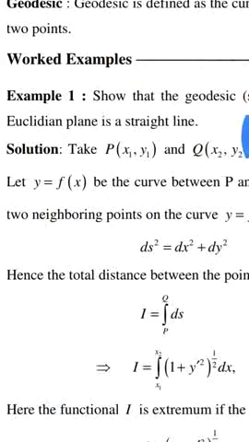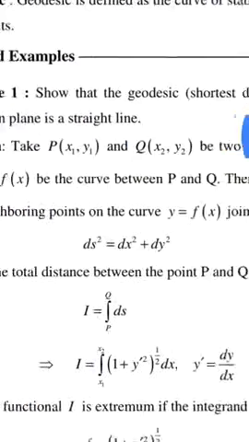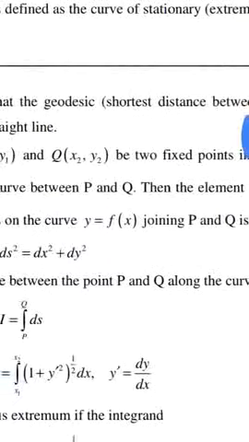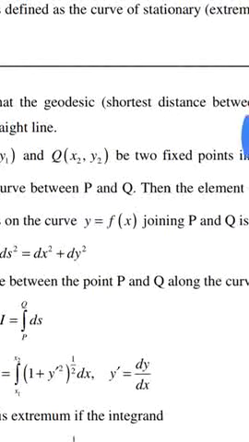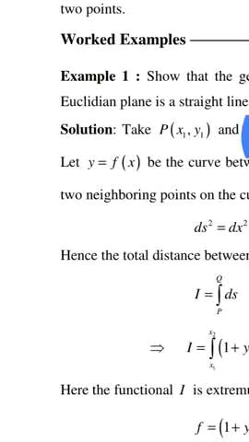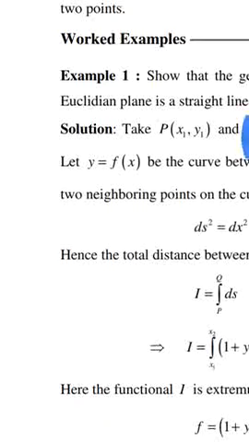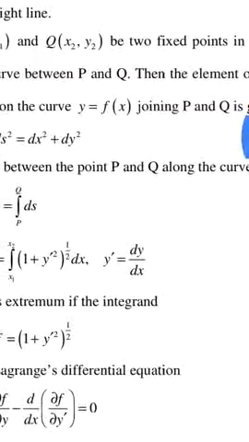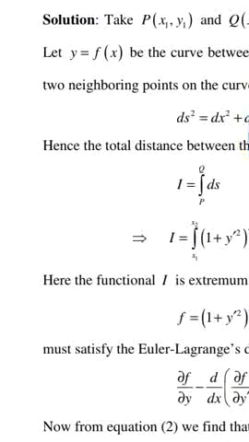This is one example related to the variational principle. Show that the geodesic, nothing but the shortest distance between 2 points in a Euclidean plane, is a straight line. Take any 2 points in a plane.